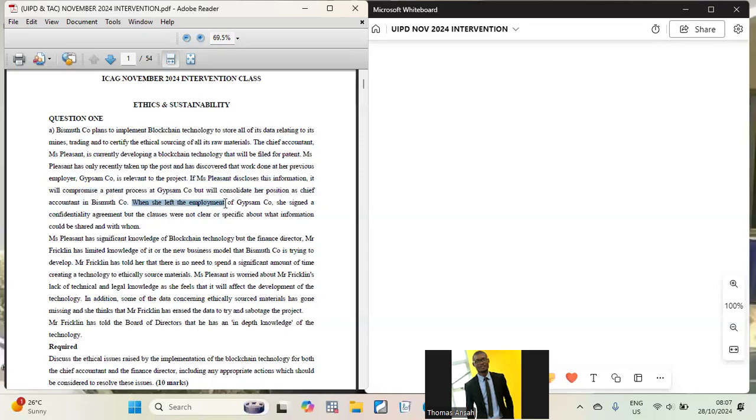When she left the employment of Gibson, she signed a confidentiality agreement, but the clauses were not clear or specific about what information could be shared and with whom.